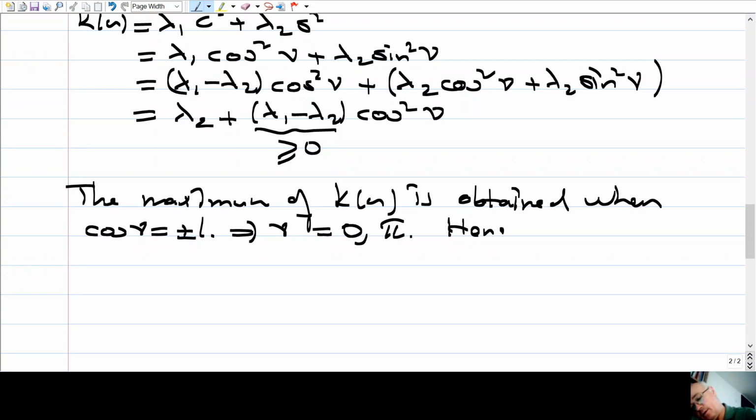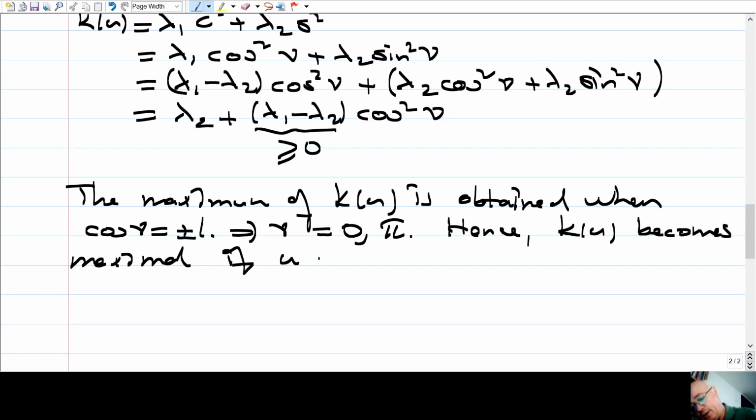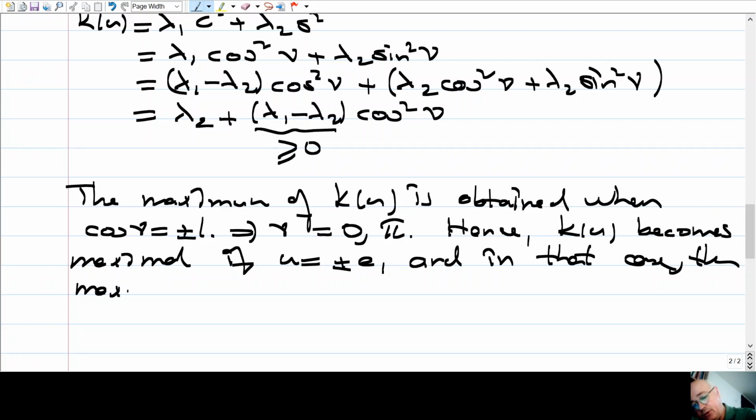Hence, Ku becomes maximal if u is plus minus e1, and in that case, what is the maximal value? The maximal value is how much?